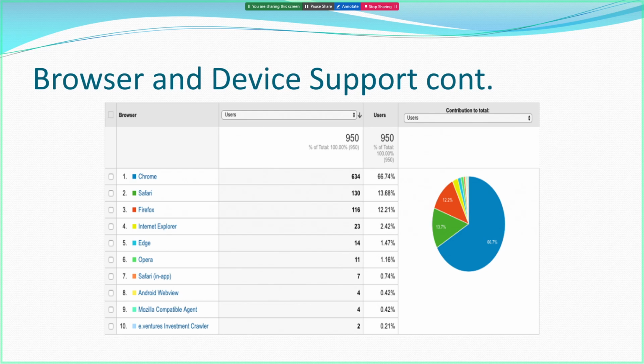To give you an idea of the type of browsers that are in use, this is just one example. Chrome is basically two-thirds of the traffic in this, where this data was collected. Then Safari, Facebook, Internet Explorer, and it goes down from there.